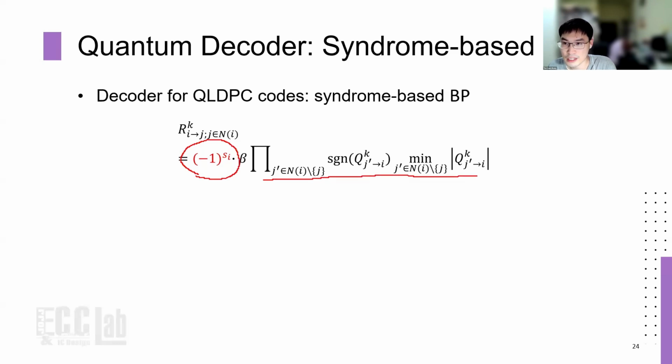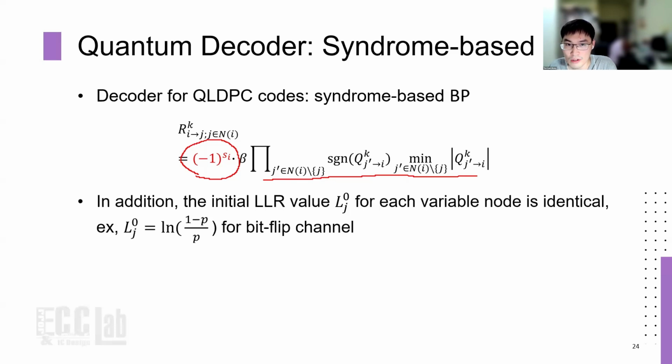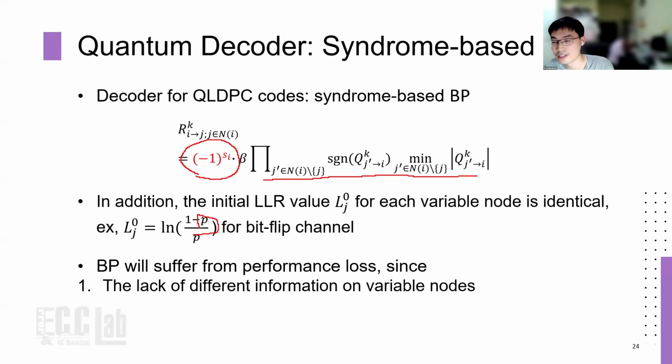But since we can't measure the data state itself, we can only initialize each variable node with an equal LLR value, which only depends on the channel probability. So BP will suffer a performance loss due to the lack of different information on variable nodes.